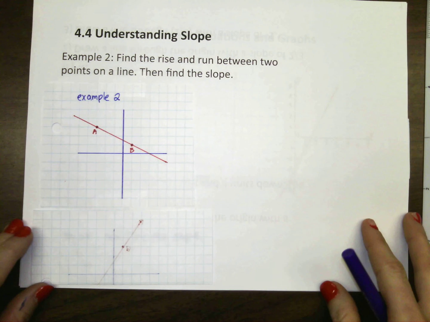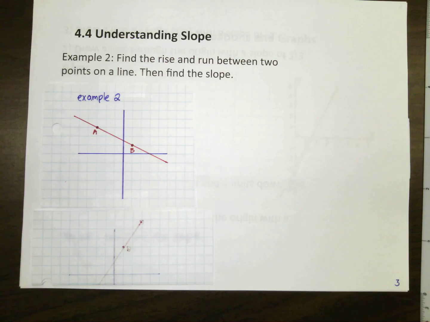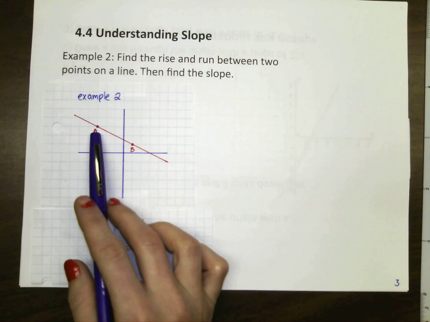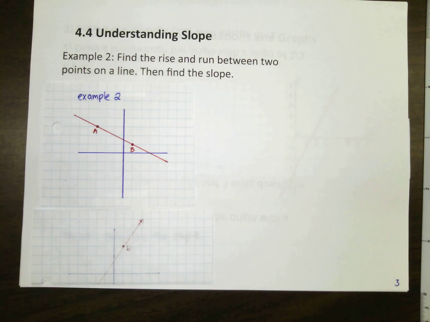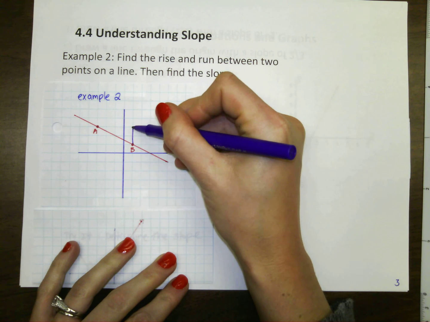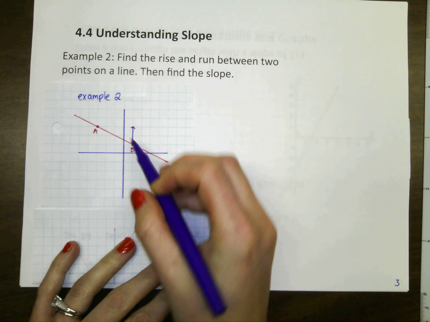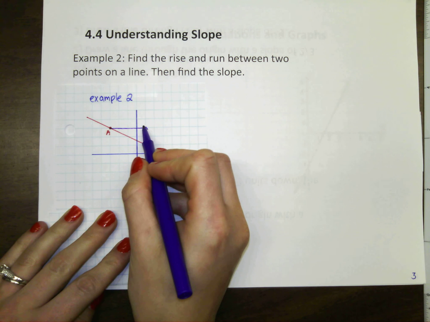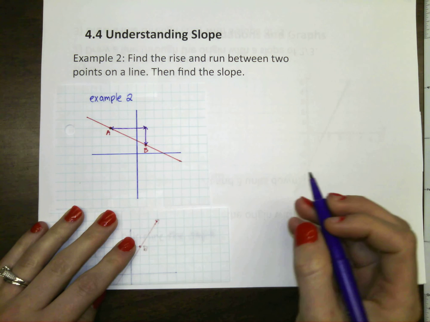Our second example is, can you find the rise and run between 2 points on a line and then find the slope? Here we have an example where they give us the line and we can see the 2 points on it. Our rise is going to be the distance up from this point, and our run is the distance over.